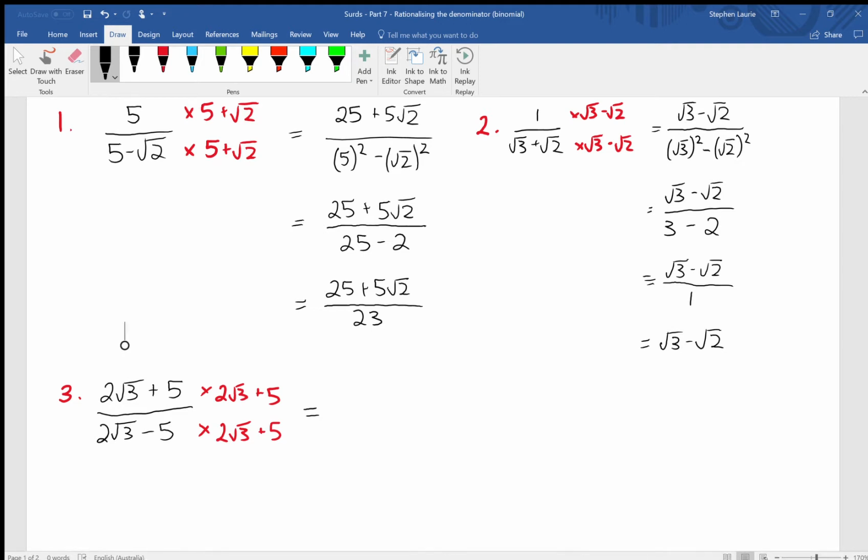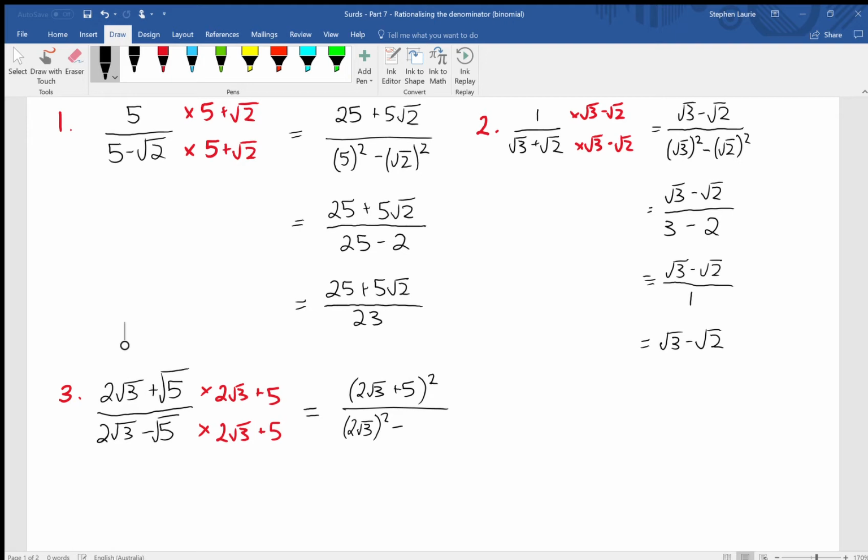Okay, so on the top we've got the same thing multiplied by itself, 2 root 3 plus 5 all squared. And on the bottom we can use our difference of two squares rule. We have 2 root 3 all squared minus, in the example it's actually the square root of 5.